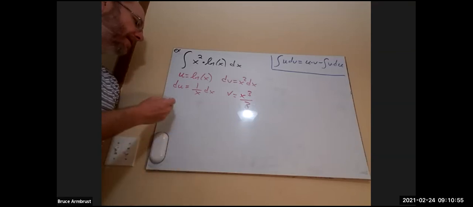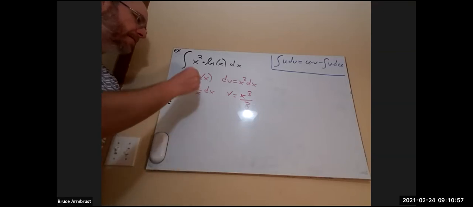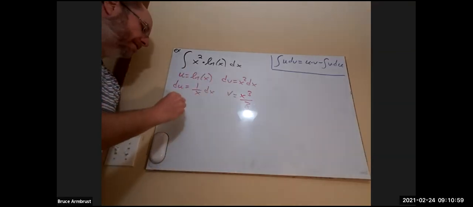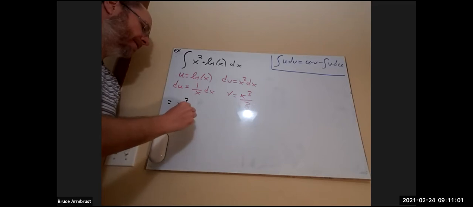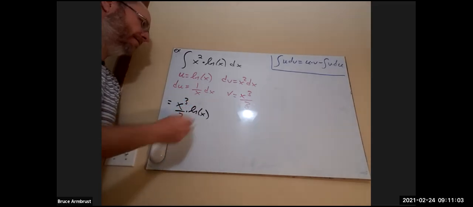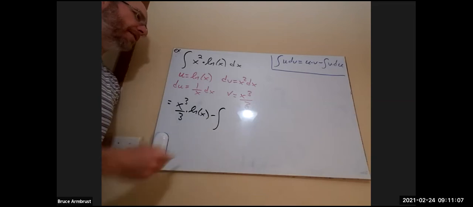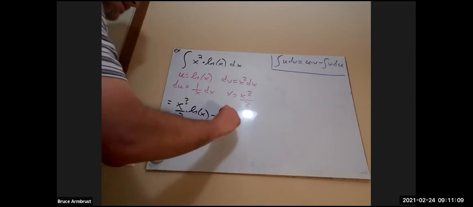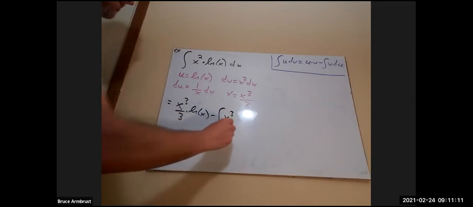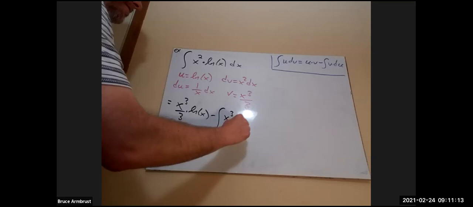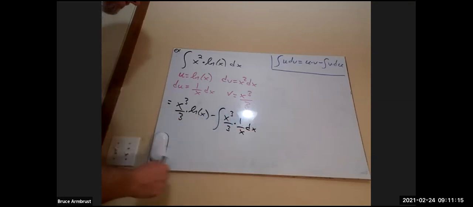All right, so then my integral is going to be u times v, so x cubed over 3 times the natural log of x, minus the integral of v du. Well, v was x cubed over 3, du is 1 over x dx.